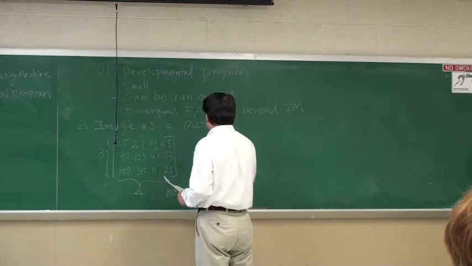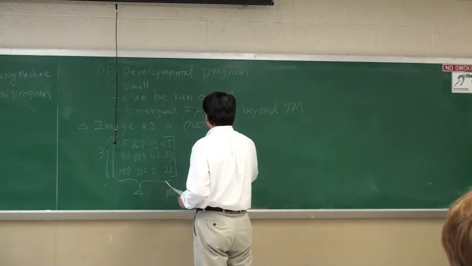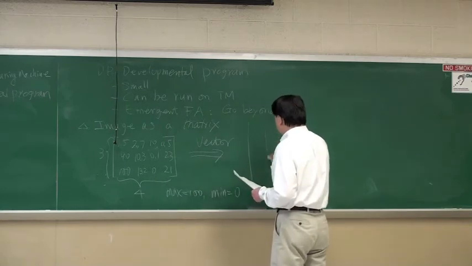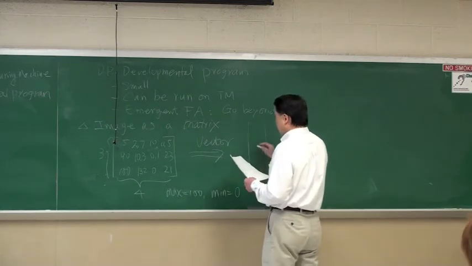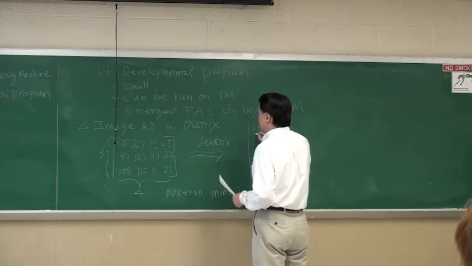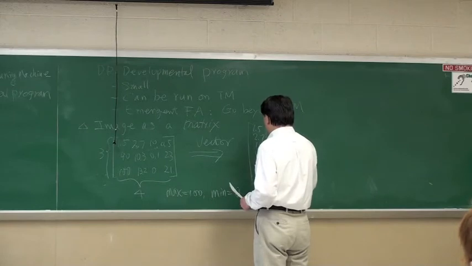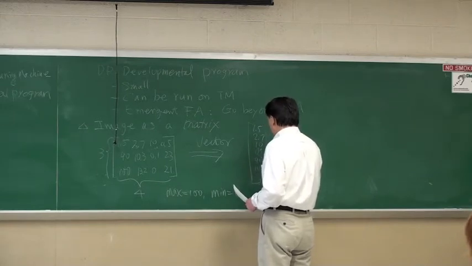Then that one we will represent as a vector, like that. So 1.5, 2.7, 10, 0.5, 90, 10.3, 21.